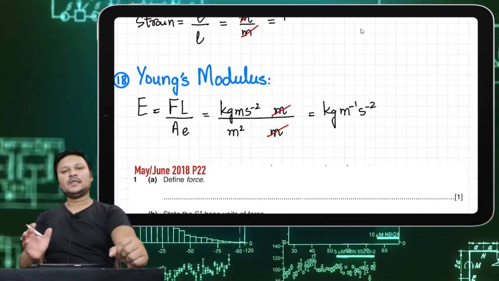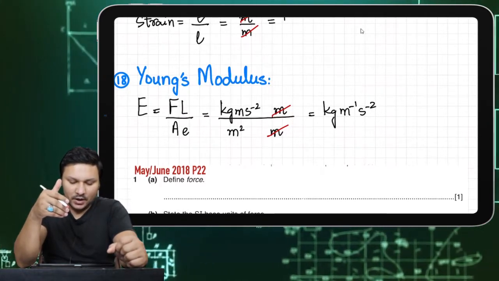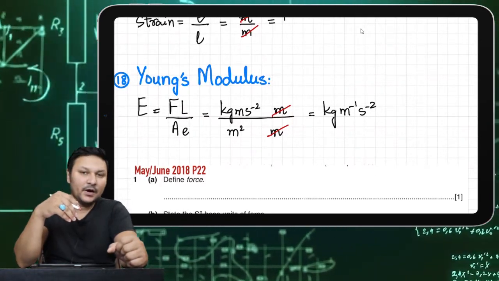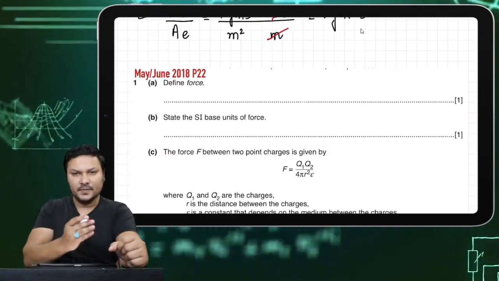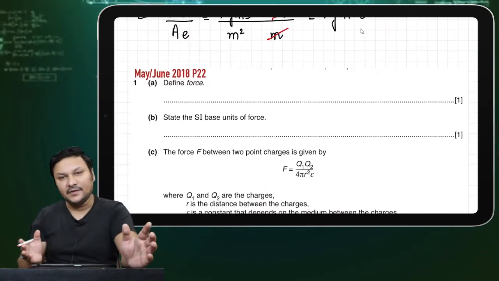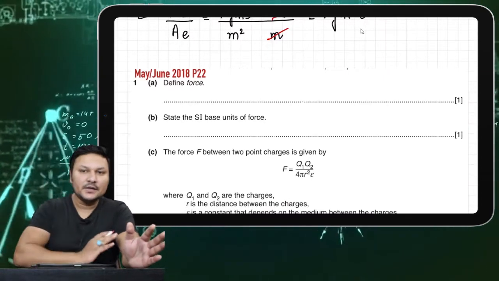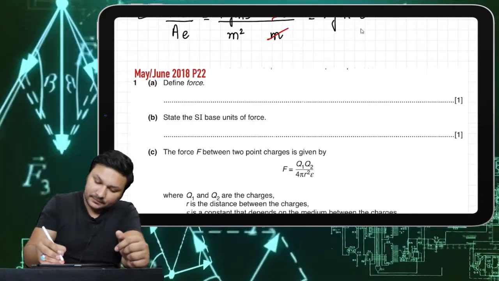So these were some of the most commonly asked quantities in papers to find the base units. So let's look at some past papers so that our concept becomes concrete. Define force. You can define force as the rate of change of momentum.